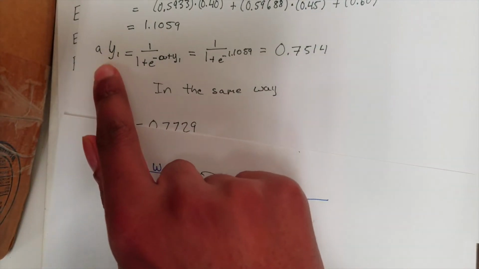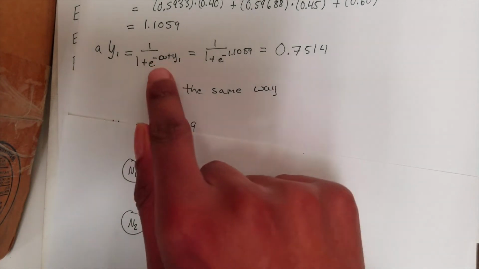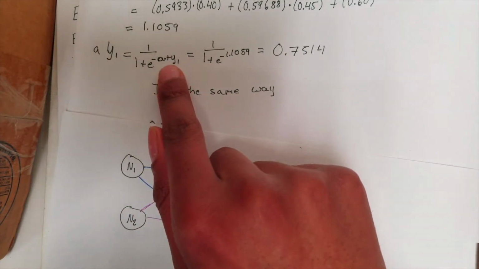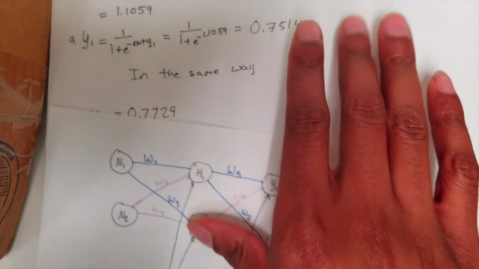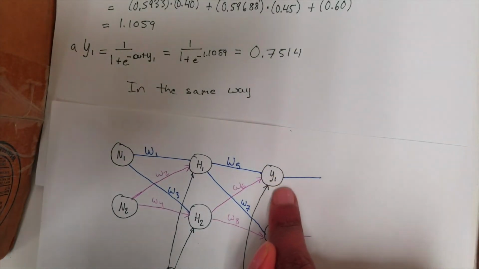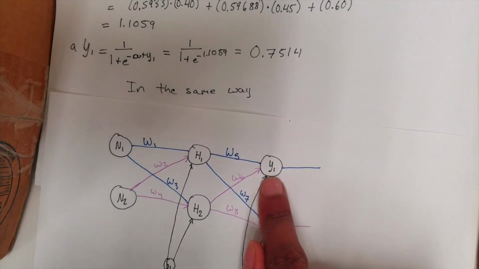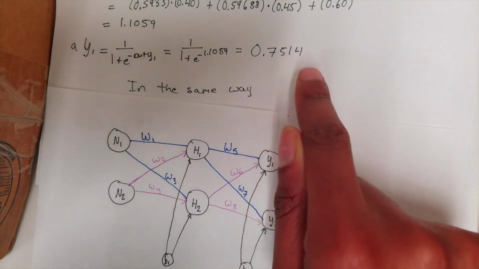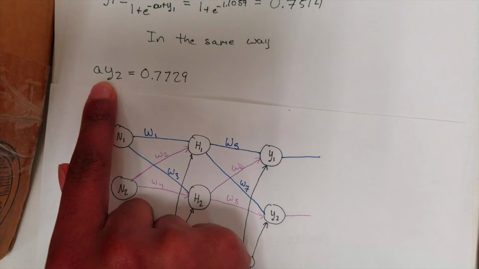In the same way, the activation of Y1 will be the sigmoid function taking the output of Y1 as its input, and you get 0.7514.